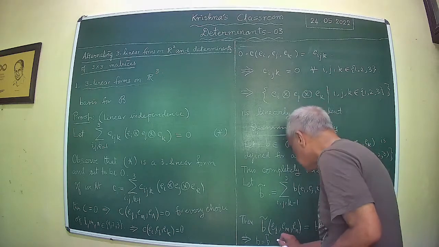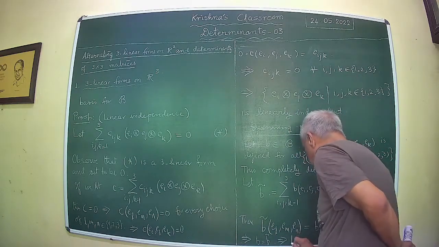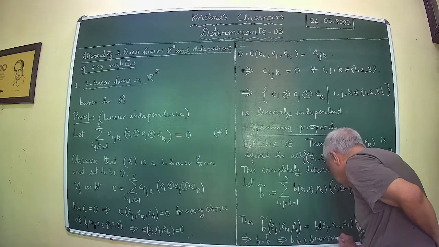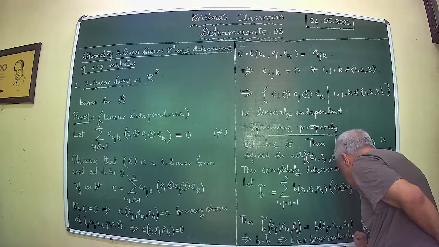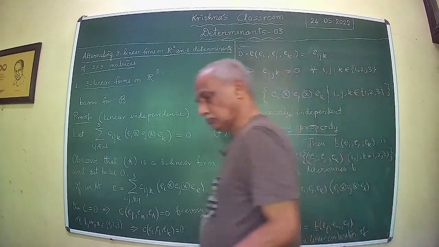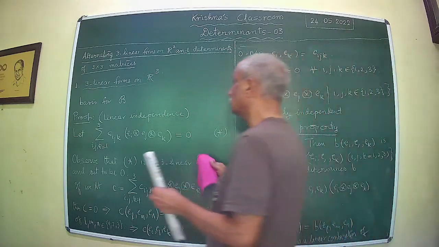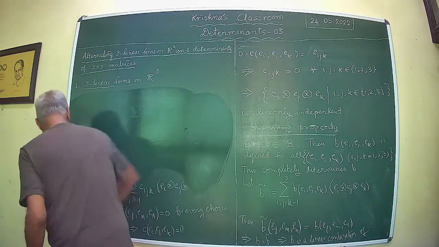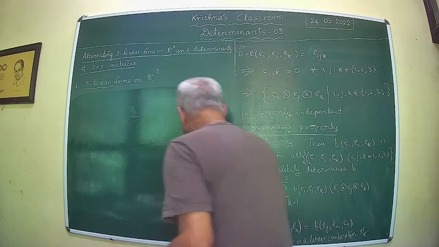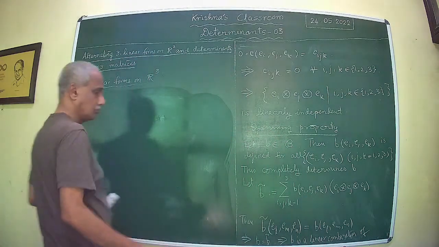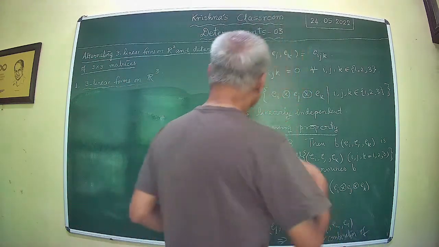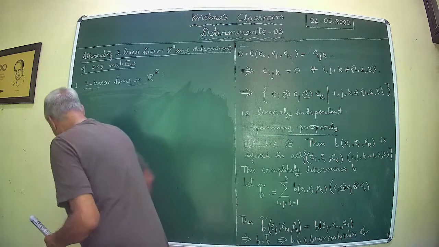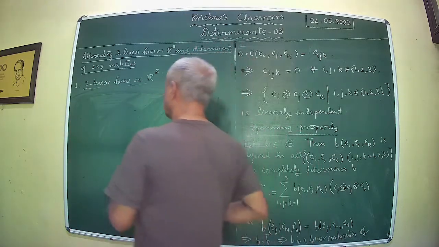Okay, which implies B is a linear combination of these.